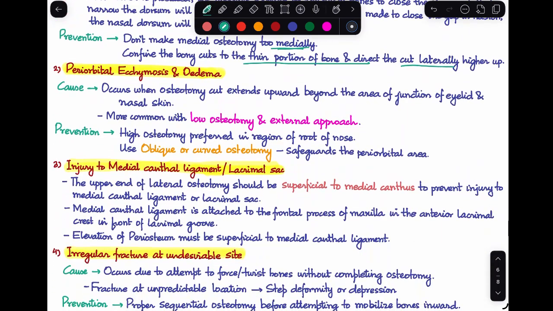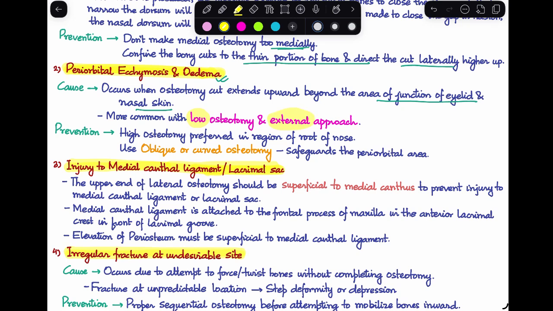Second is, as I had mentioned earlier, when you perform the internal approach rather than the external approach, we have less periorbital ecchymosis and edema. Why does this happen? This occurs because the osteotomy cut extends upwards beyond the area of the junction of the eyelid and the nasal bones. Because of this, it is seen more commonly when you do a low osteotomy and when you perform the external approach rather than the internal approach.